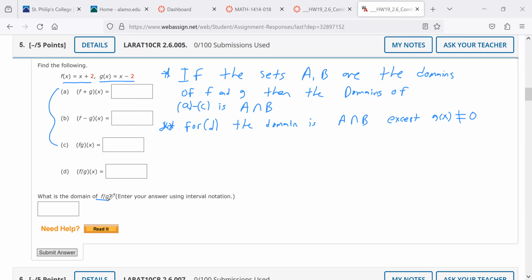Okay. Let's see. Okay. They didn't ask the domains for A through C, but they did ask for D. But if they did, this is how you would find them. Just figure out what makes the bottom zero. So for F over G, you agree that this would simply be this, right?